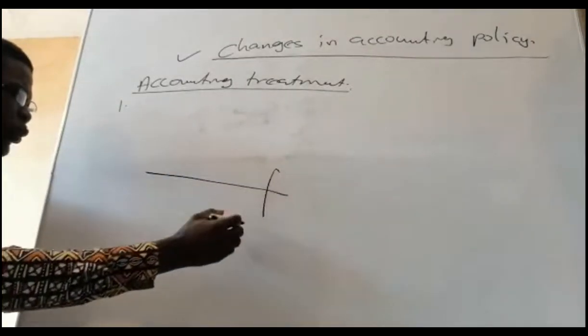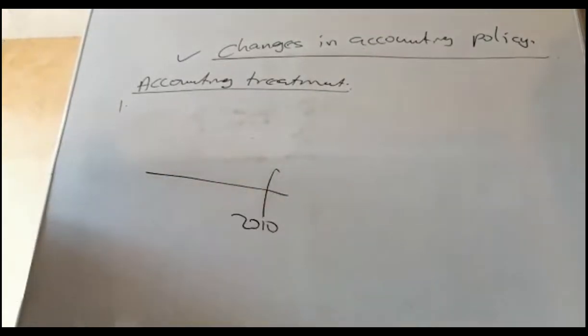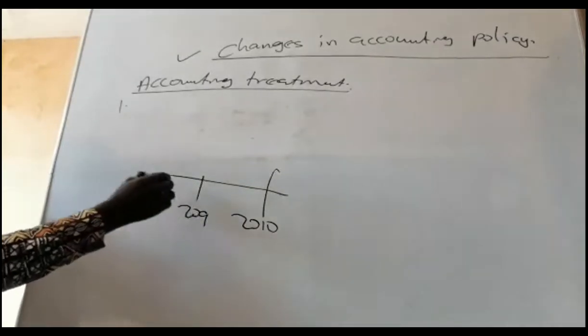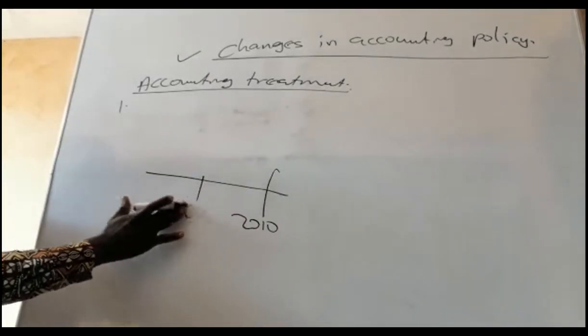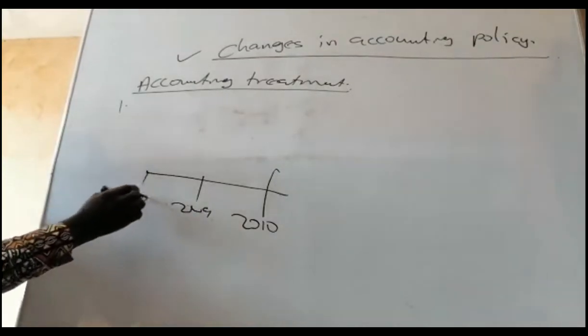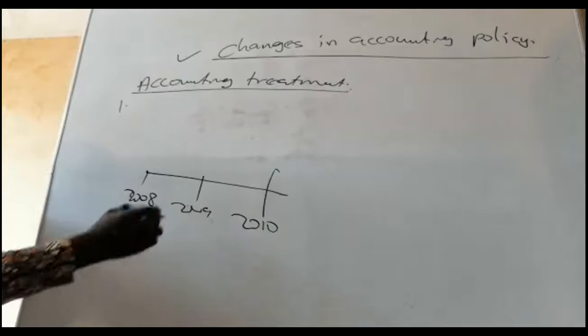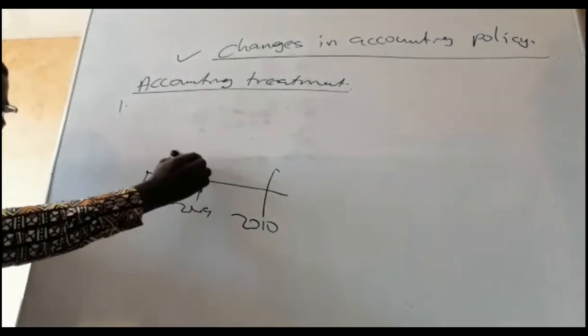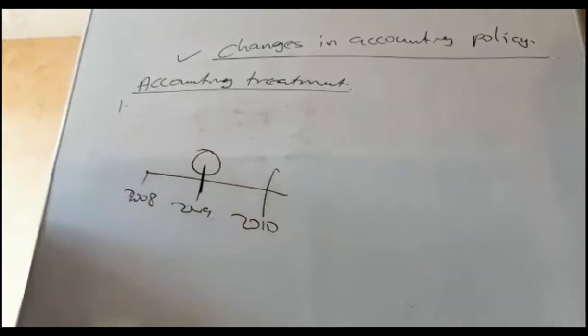So 2010, 2009, 2008. Now, assume that in 2009 we changed our policy.